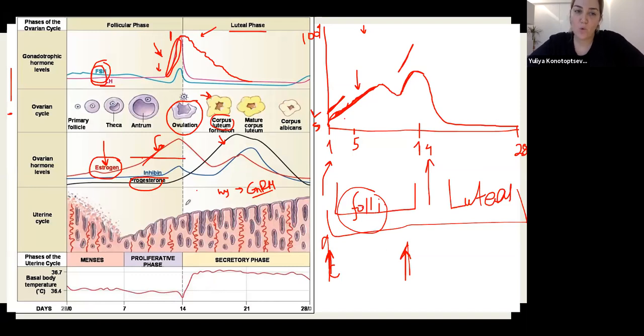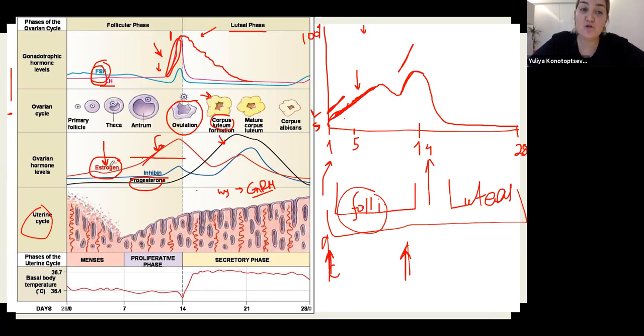Now, what is the function of estrogen in the uterus? What does estrogen do to the uterus? I'm not sure if you know, but the inner lining of the uterus is called endometrium. This is the tissue where the embryo is going to implant, right?